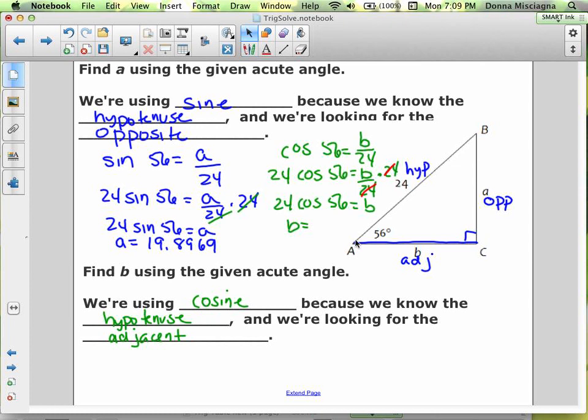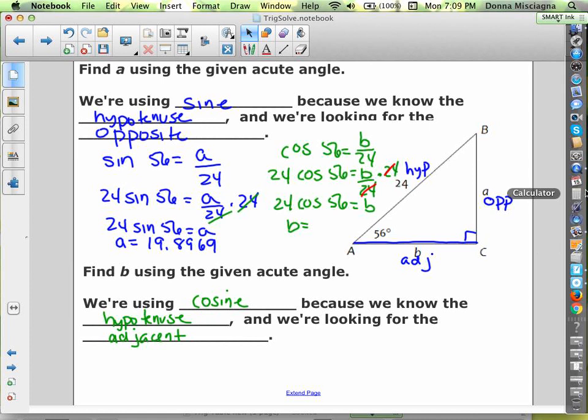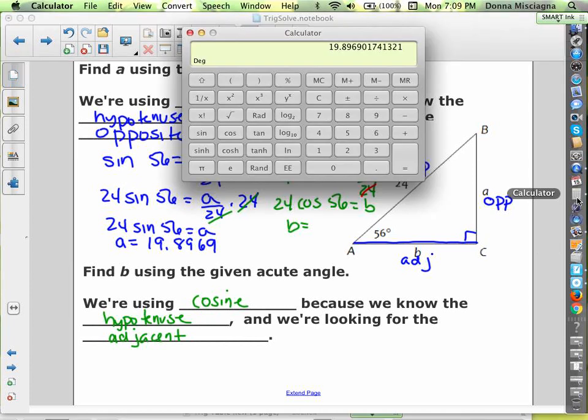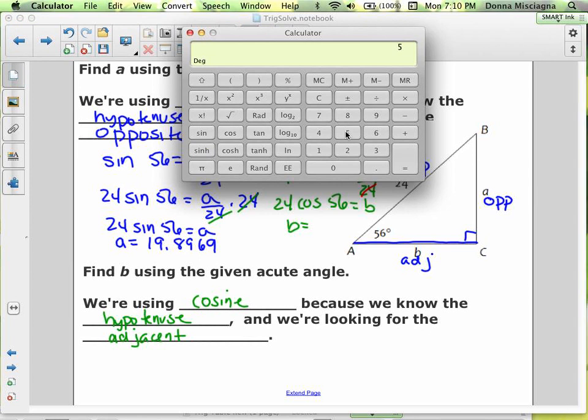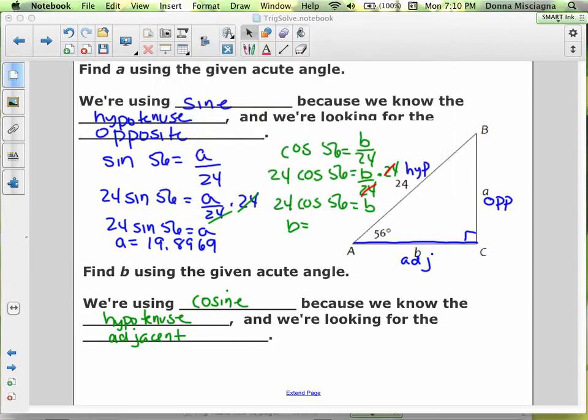So on these last couple, we'll just use the calculator since we've just solved all the others two different ways. So this is going to be 56 cosine, and then times 24. So that is 13.4206.